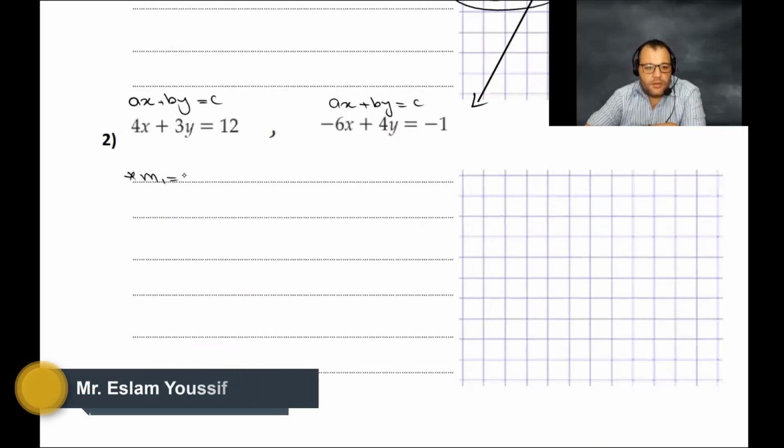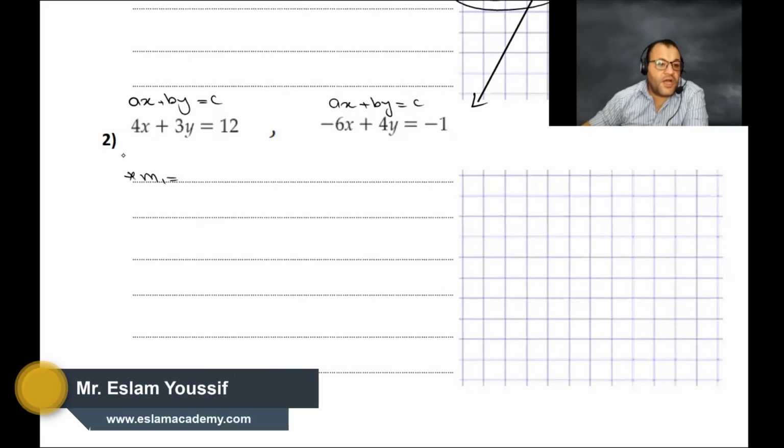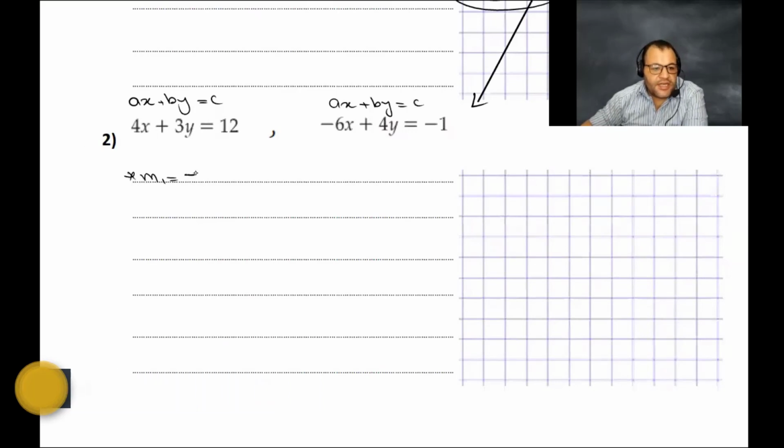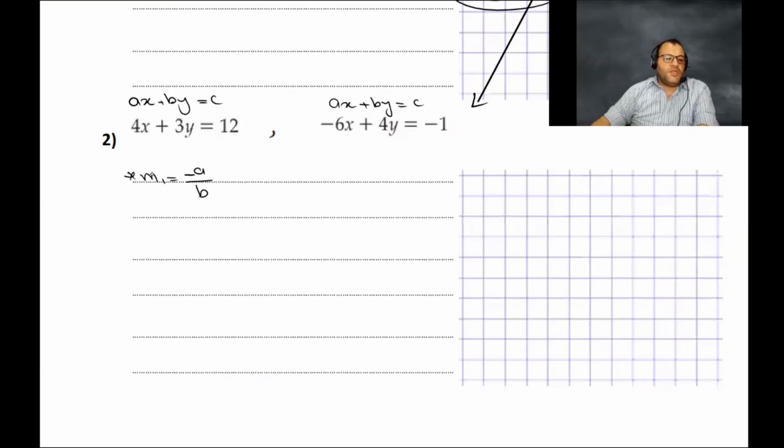If you want to find the slope without converting the equation, you have a formula, which is negative a over b. If you remember when we explained the linear equation, we said that for any equation written in standard form, the slope will be negative a over b, and the y-intercept is equal to c over b.